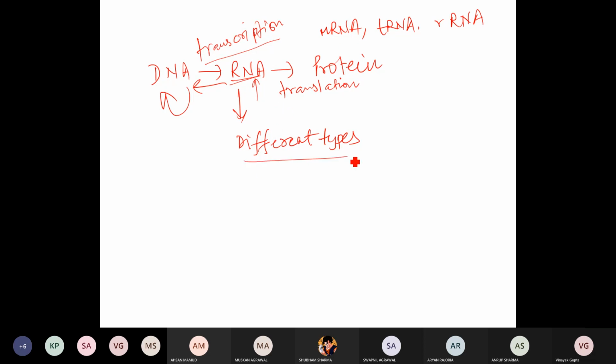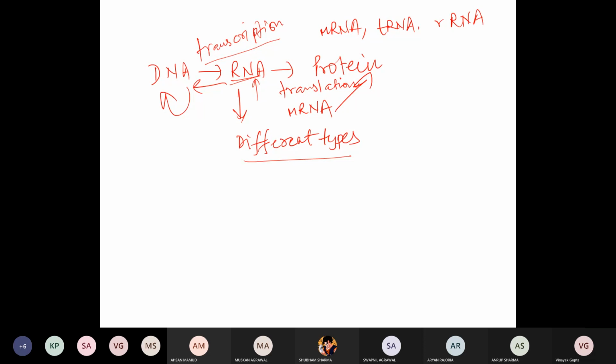Here you are going to get all the different types of RNA: mRNA, tRNA, rRNA. Just for simplicity I have mentioned three, but there are more types of RNA which I have not mentioned here. All of them come from the transcription of DNA. But what is the catch? It is only mRNA which actually codes for a protein, messenger RNA, and that's why the name is given.